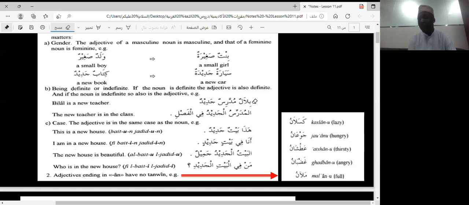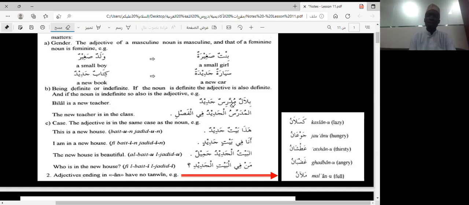And we want to qualify that khabar, so that it will be man'ut, because a single noun could be in three grammatical conditions at a specific time. So we have mudarrisun jadidun. What is the meaning of mudarrisun jadidun? Bilal, a new teacher.